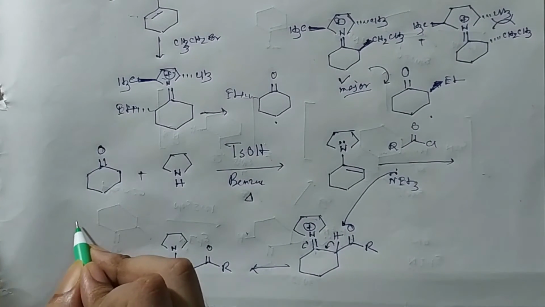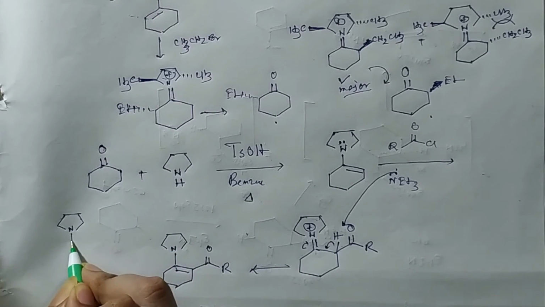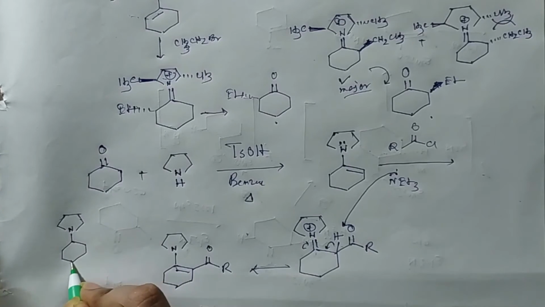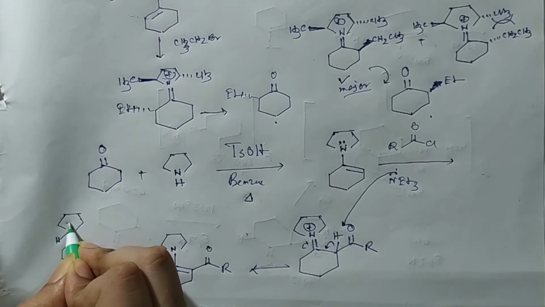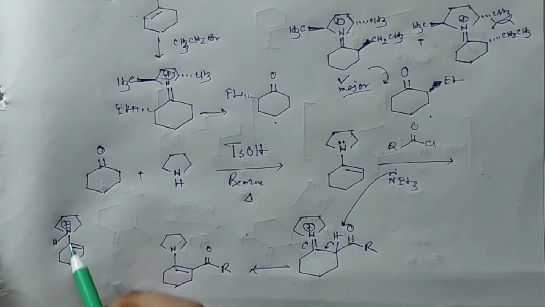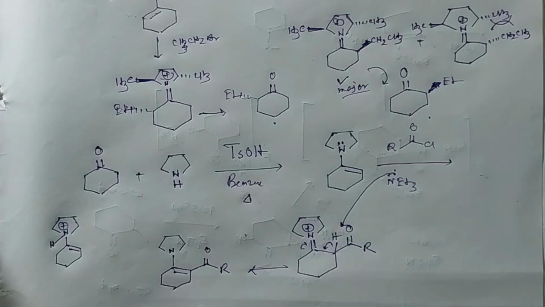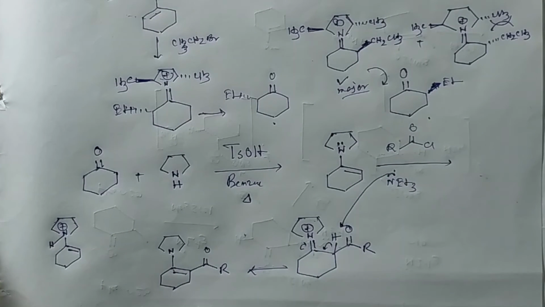I am just writing that here. So in that case, this protonated enamine NH plus has no reactivity, because if the lone pair of the nitrogen is lost, then it cannot act as a nucleophile.